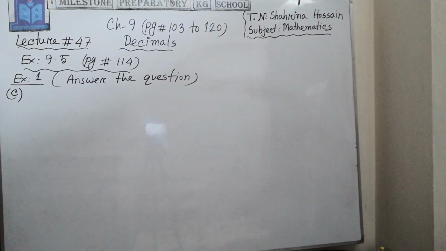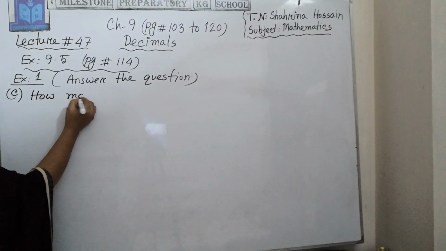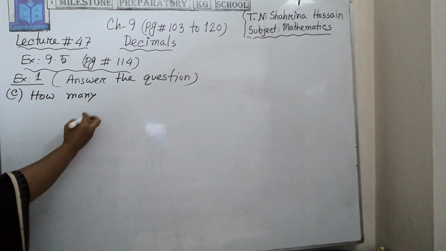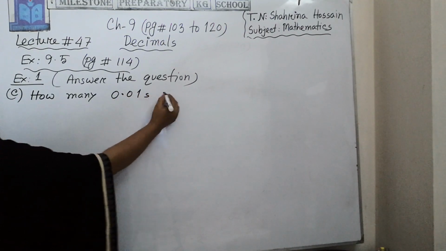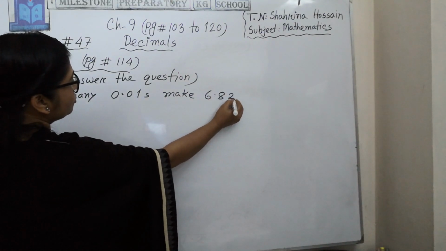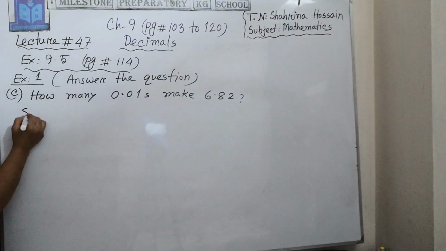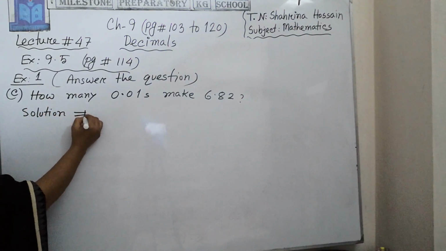Number C, question is how many 0.01s make 6.82. So the solution is here.